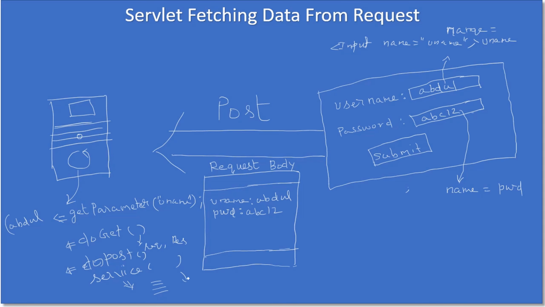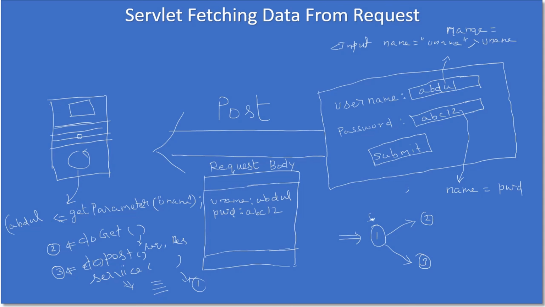Let's say service is 1, doGet is 2, and doPost is 3. Whether it is get or post, the request first comes to 1. Based on get or post, the service method will route the request to 2 if it is a get, and to 3 if it is a post.